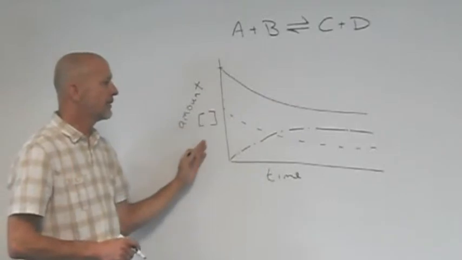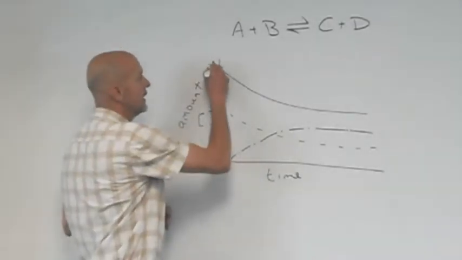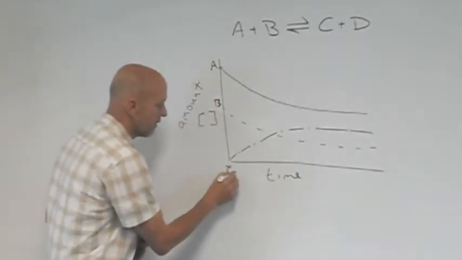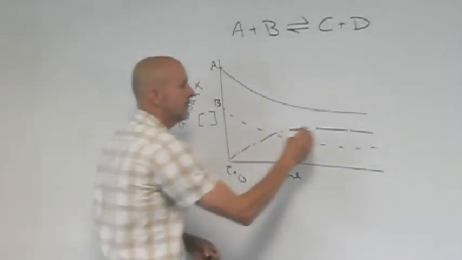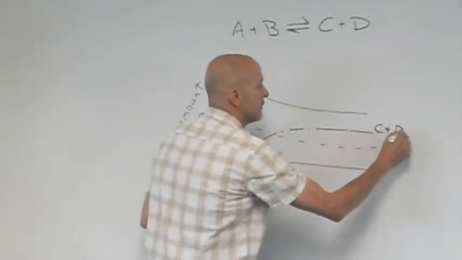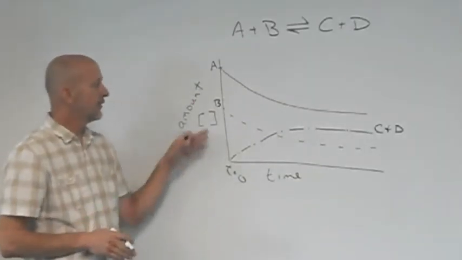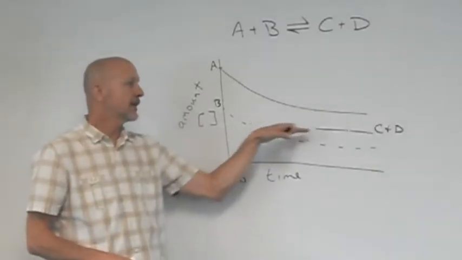If we were to graph the amount of each substance over time, either the amount or the concentration, I'm going to check A, and I'm going to check B. I start at time equals 0. I start with some A and B. I didn't have any C and D. This is C and D. They're both the same since they're made one for one. So what happens is A and B are going to drop, C and D are going to gain.